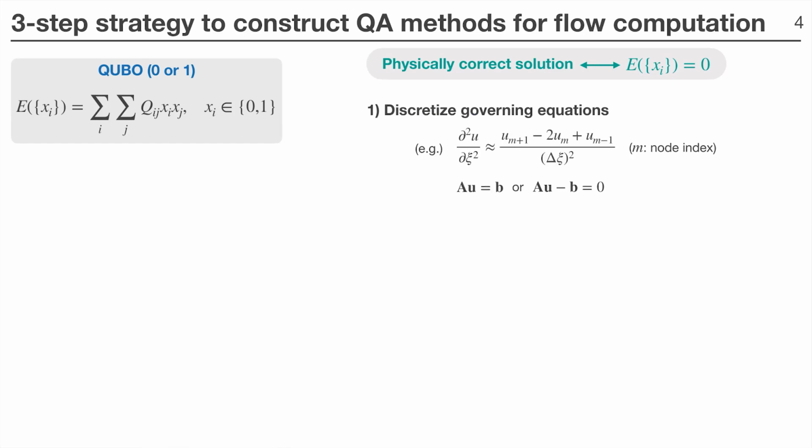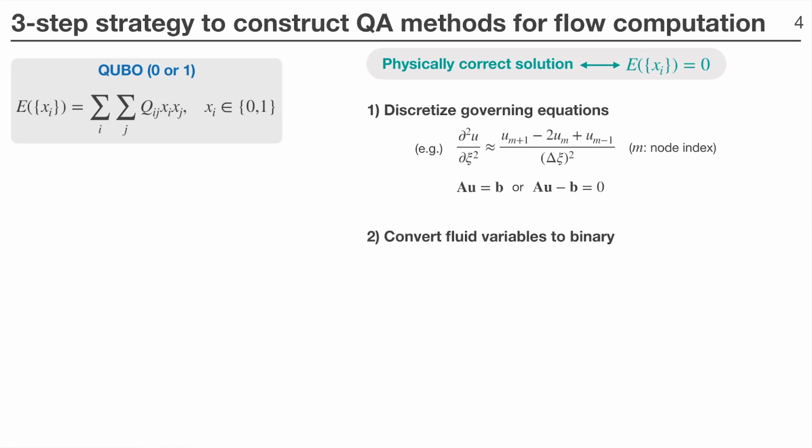For example, in the finite difference method, when you are given a derivative, you may discretize this derivative like this. In matrix notation, you may write AU equals B, or AU minus B equals 0. A is a coefficient matrix, U is a velocity in this example, and B is a constant number or something like a pressure gradient.